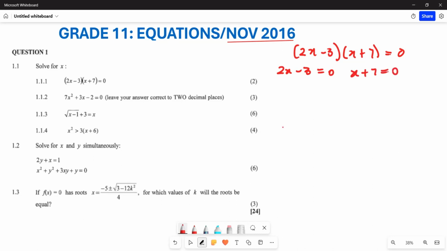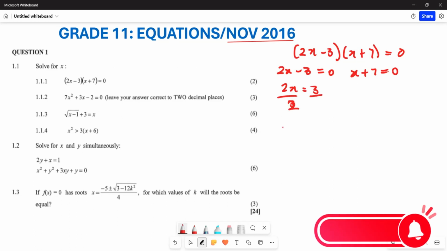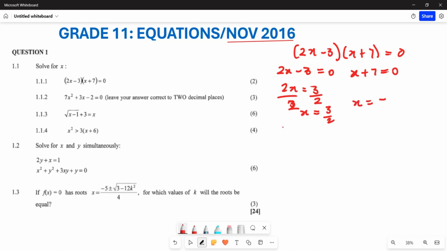Then 2x = 3, divide by 2 on both sides, which means x = 3/2 or x = -7. Okay, so basically, that's the first thing you're going to do.